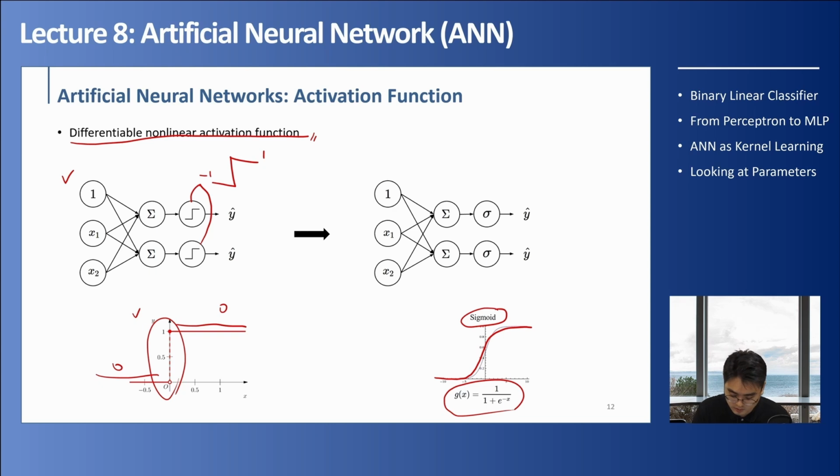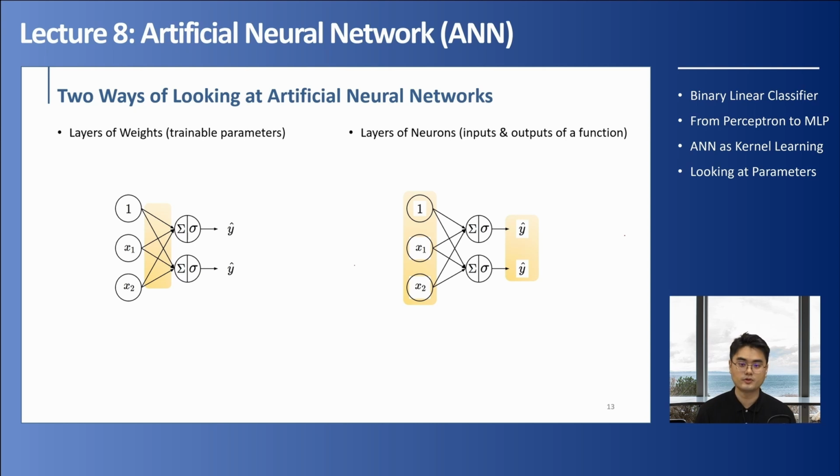So now we changed our step function to some other differentiable nonlinear activation function. And we're going to talk more about the details of why we need these differentiable activation functions in the later slides.